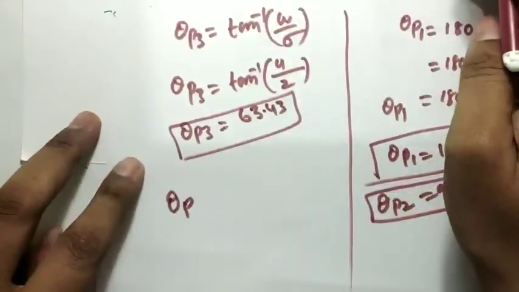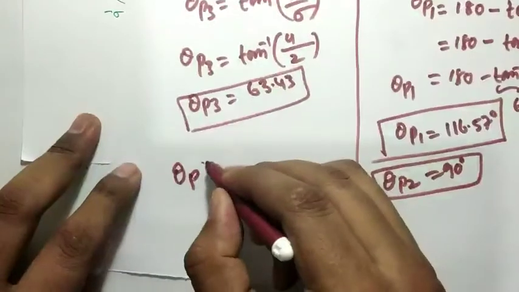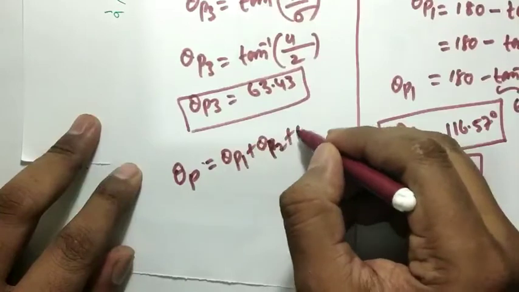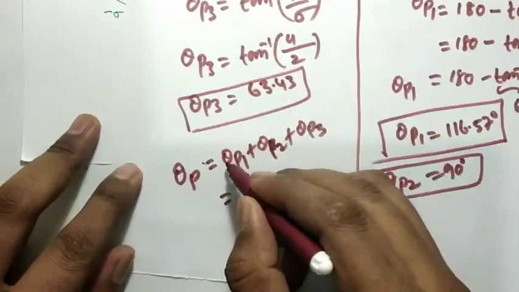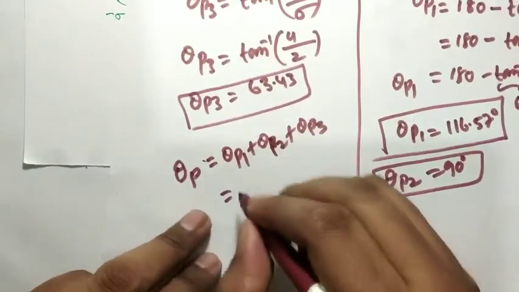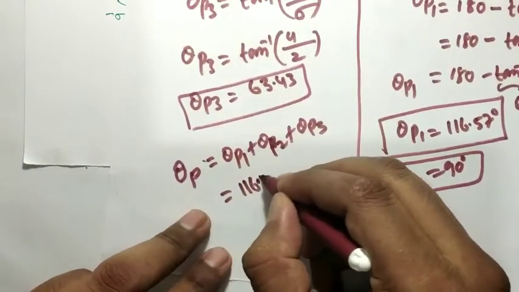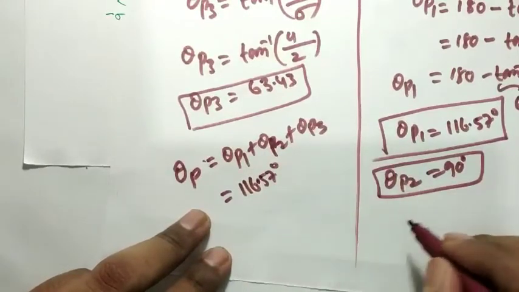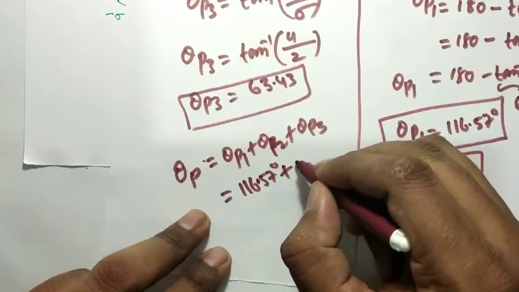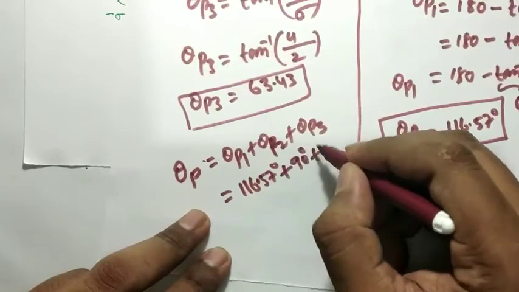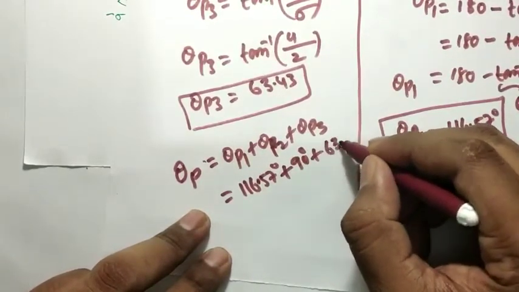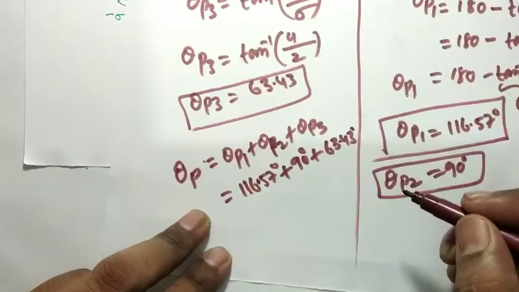So what is theta p? The angle contribution theta p is theta p1 plus theta p2 plus theta p3. Theta p1 is 116.57 degrees, theta p2 is 90 degrees, and theta p3 is 63.43 degrees.